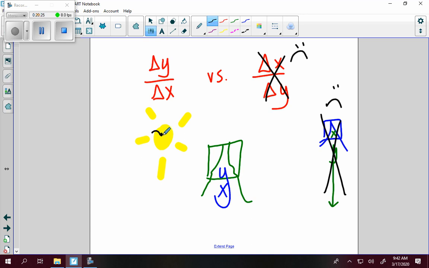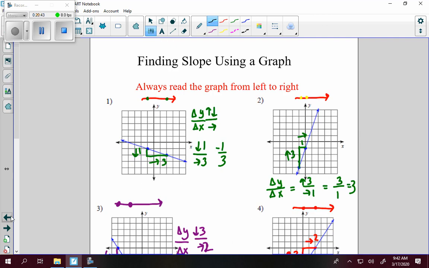Yay! Sunglasses on my son. So y always has to go on top to catch x. In case you didn't know why. Now you do.